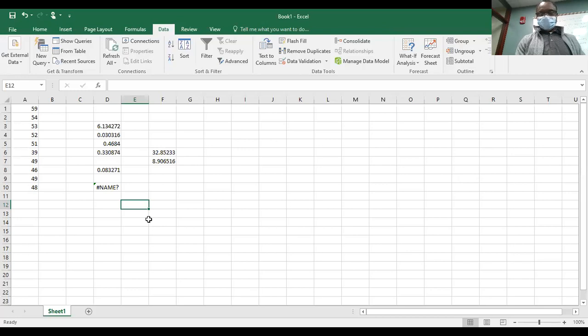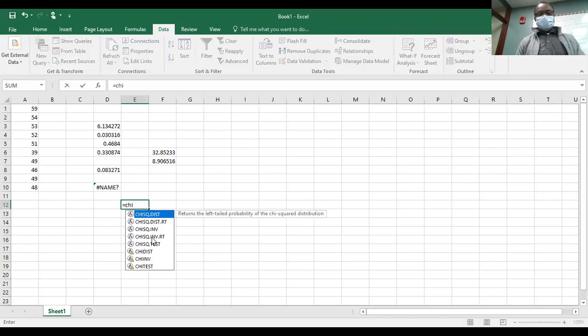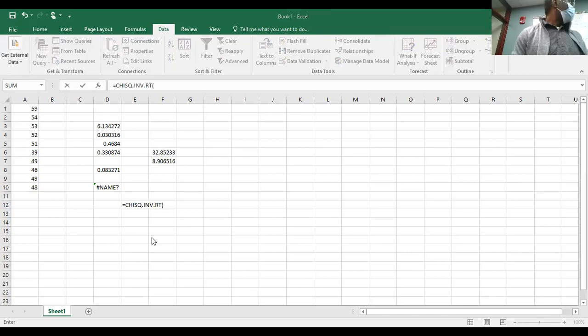To use Excel, type equals chi-square inverse right tail, 0.05, and the degree of freedom is 9.